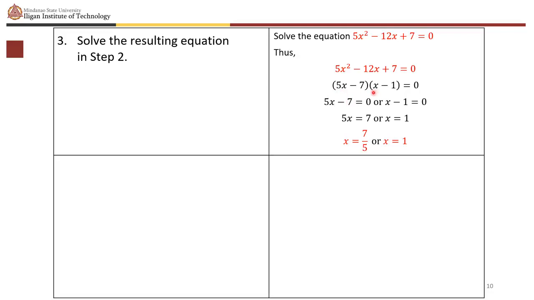These are the correct factors, so you now have 5x minus 7 equal to 0 or x minus 1 equal to 0. From here, 5x equal to 7, and dividing both sides by 5, we have x equal to 7 over 5, or this time x equal to 1.